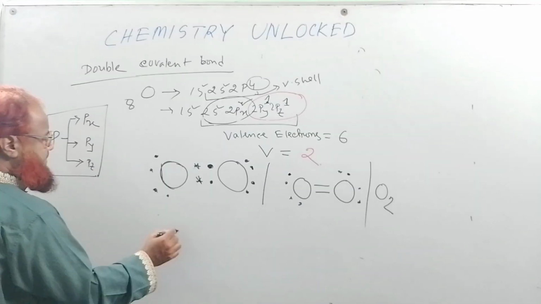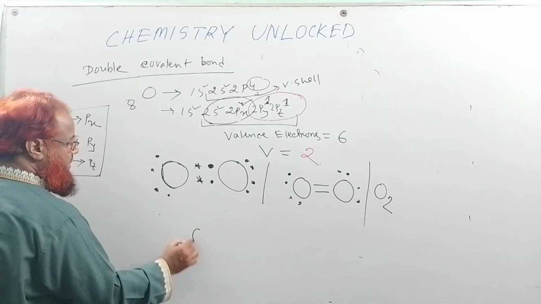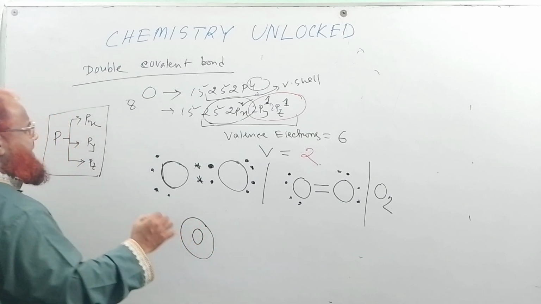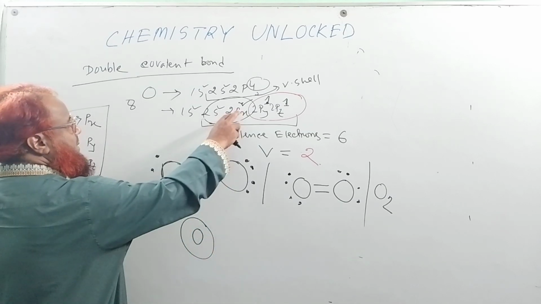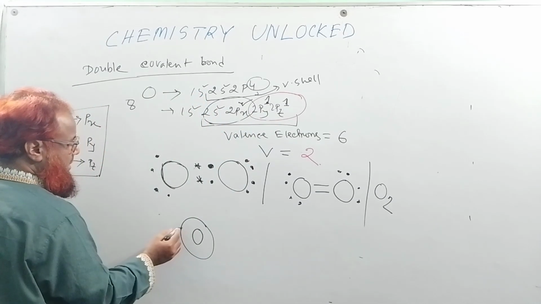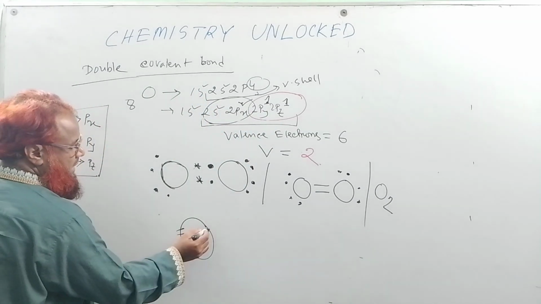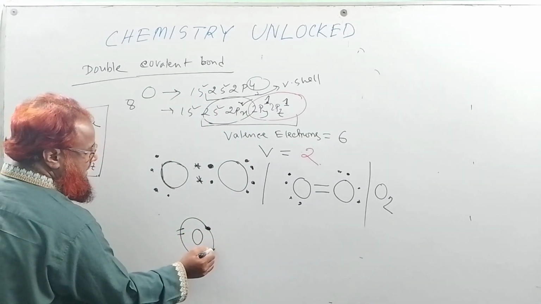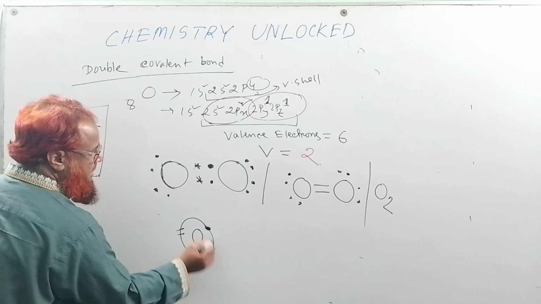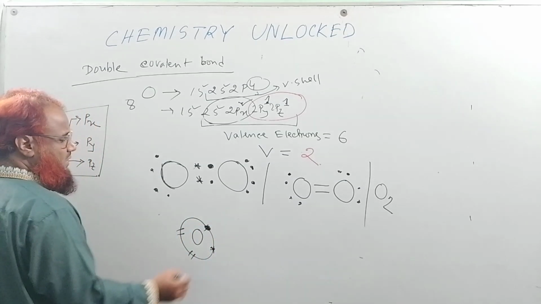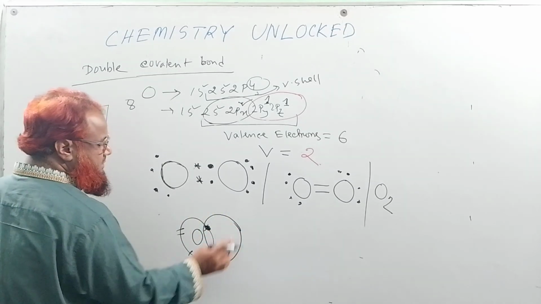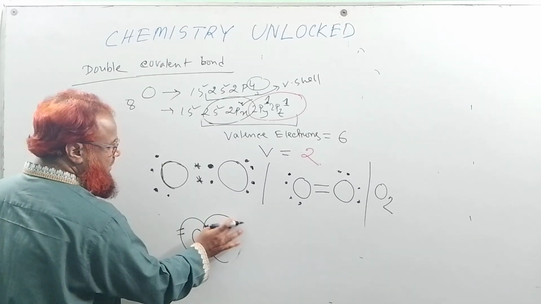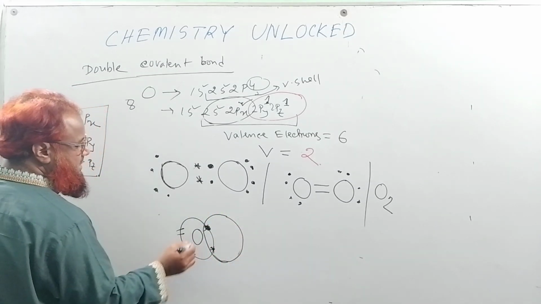Now the orbit diagram. Similarly, oxygen atom, and we have to draw just the valency shell here. So the oxygen atom has a total of 6 electrons like this, and this is unpaired, this is another unpaired, 2 unpaired of 1 oxygen. Similarly, that will be paired with another oxygen atom having 2 unpaired like this.